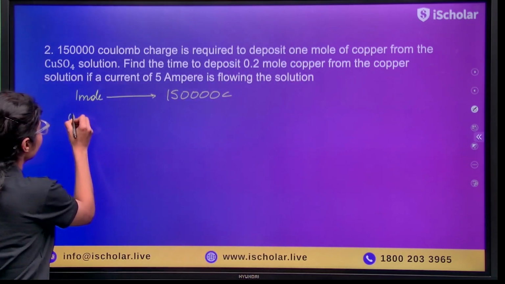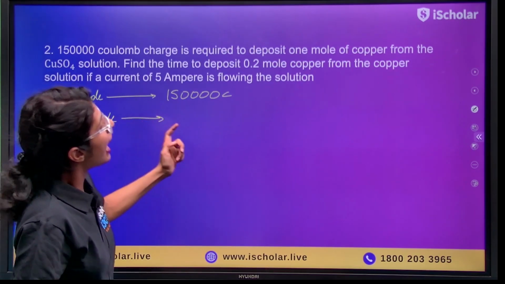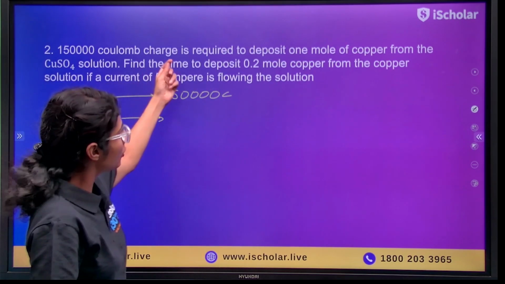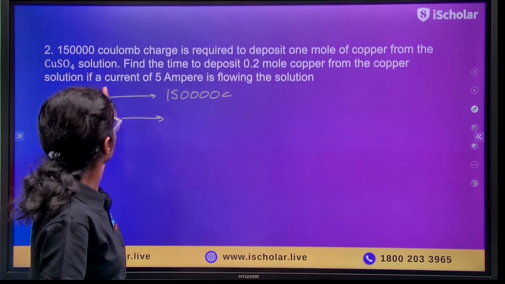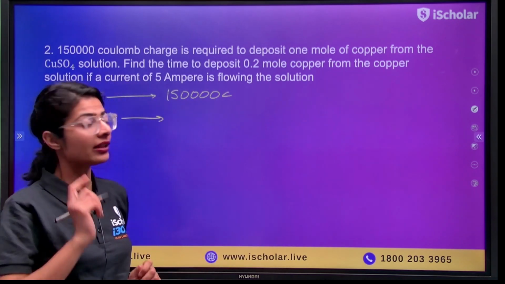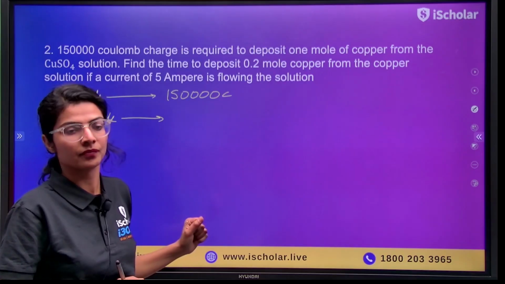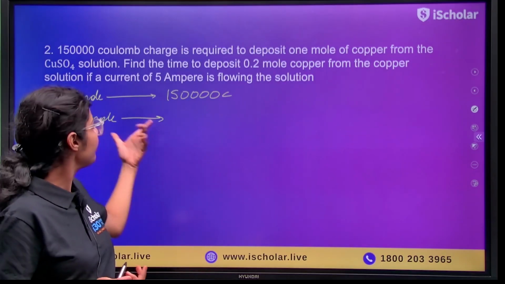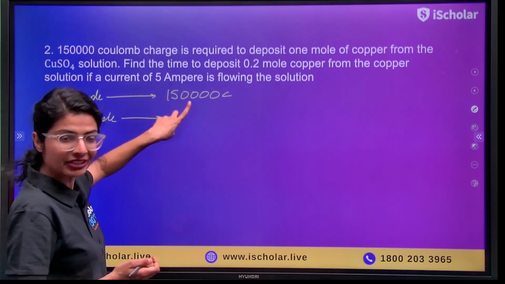Now if we have 0.2 moles, you have to calculate time, for the current of 5 amperes flowing into the solution. So first thing which I want to know is, if in 1 mole we have this much charge, how much charge are we going to have in 0.2 moles? So for 1 it is 15,000.